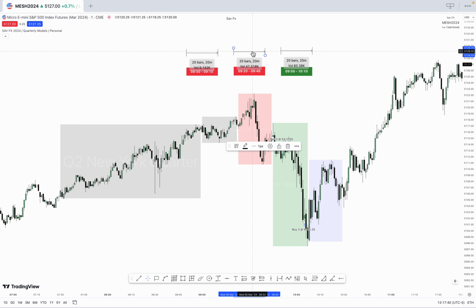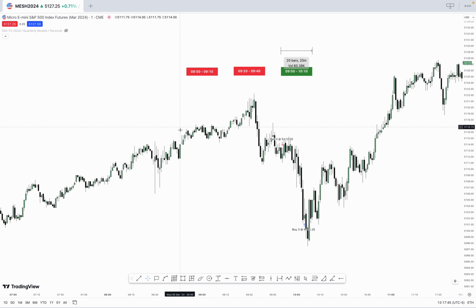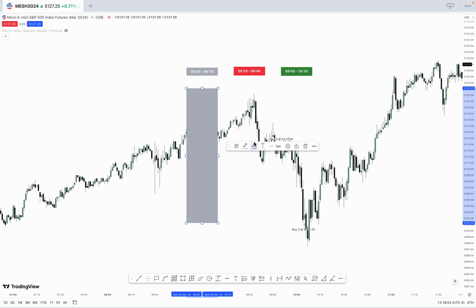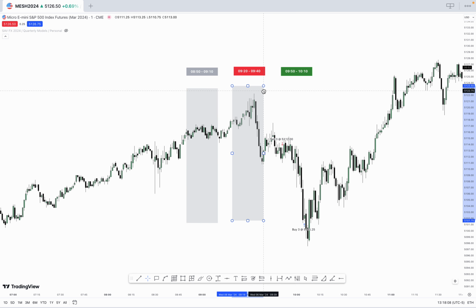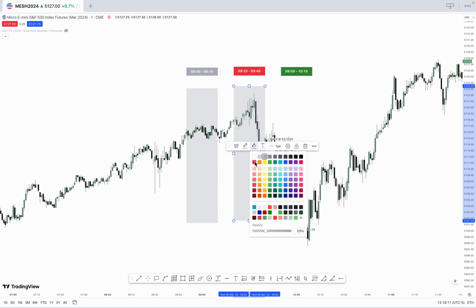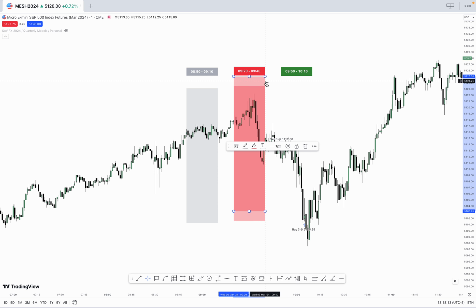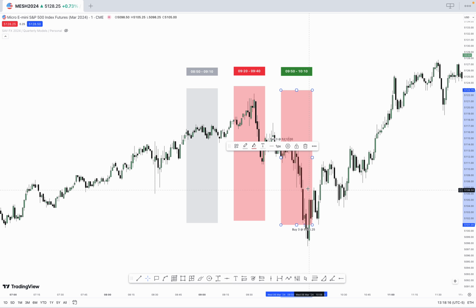Okay, to simplify this, I'm gonna hide this and we're only gonna focus on the micros. Let's do this like these, reduce the opacity, and add in this one like this.